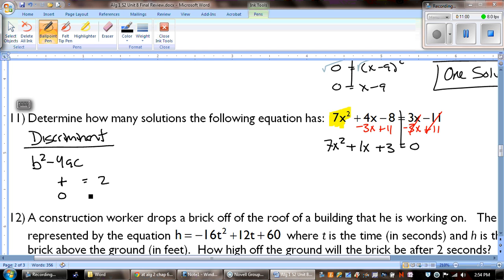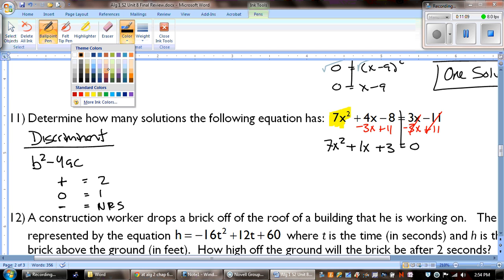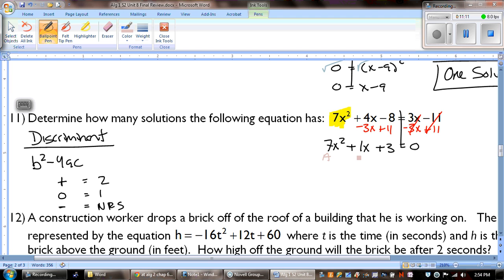If it was 0, we had 1 solution, and if it's negative, we have no real solutions. So we need to know what our a, b, and c are, and then just plug it in. So b squared, that would be 1 squared minus 4 times a times c.